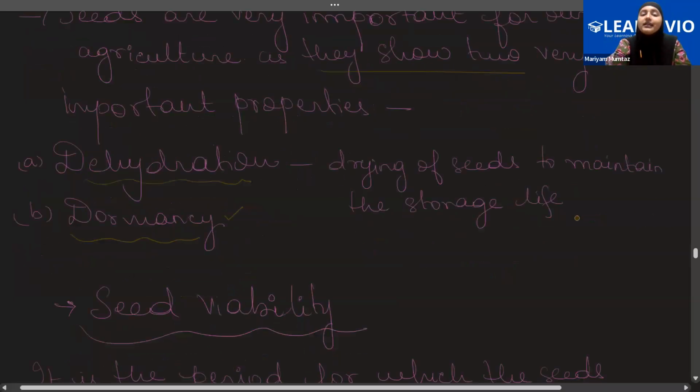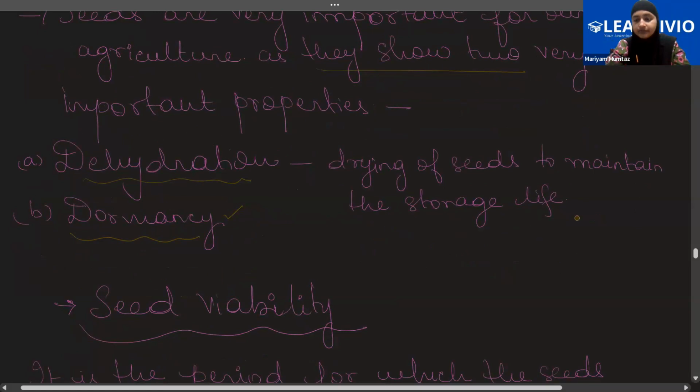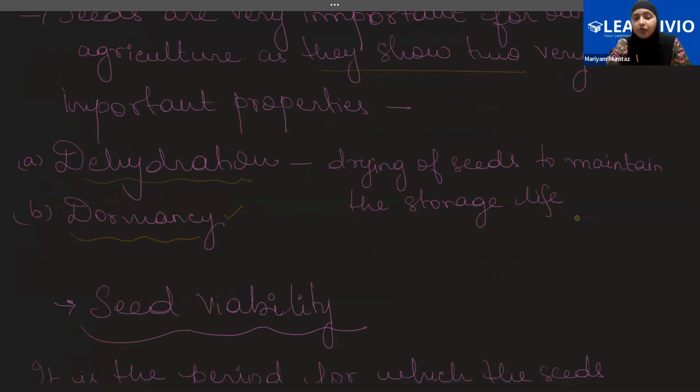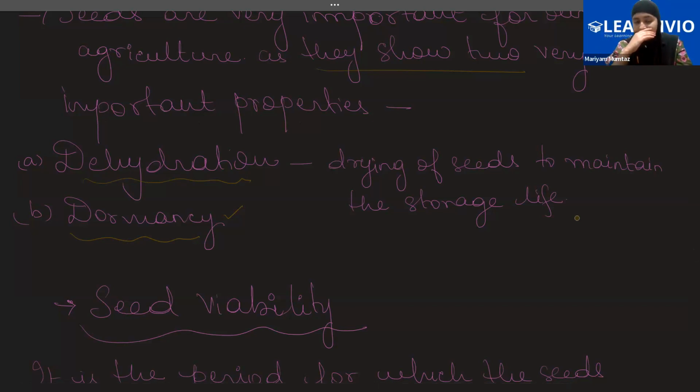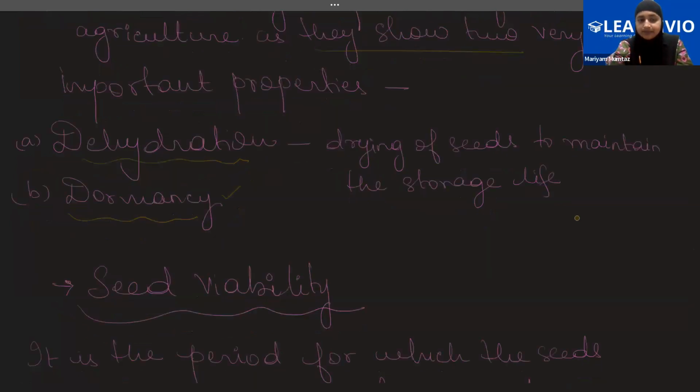Just to increase their shelf life or storage life, dehydration is a great property. Even after you take out the water content, they will not die. It's just that they will be dormant. They will not express themselves very easily.